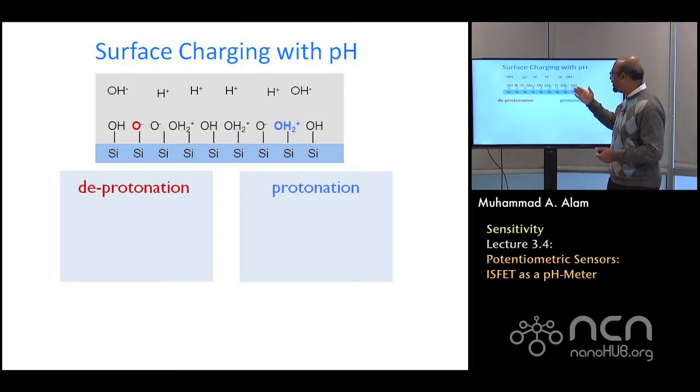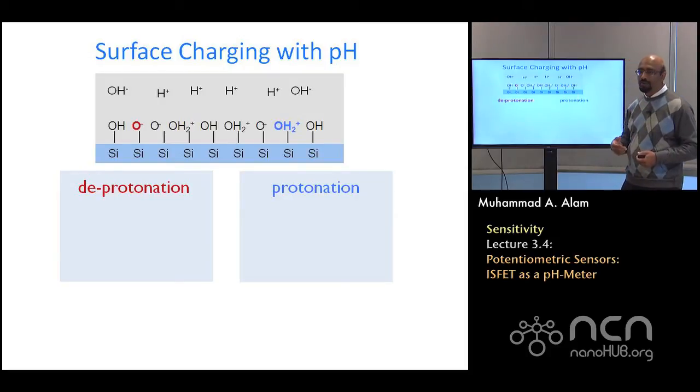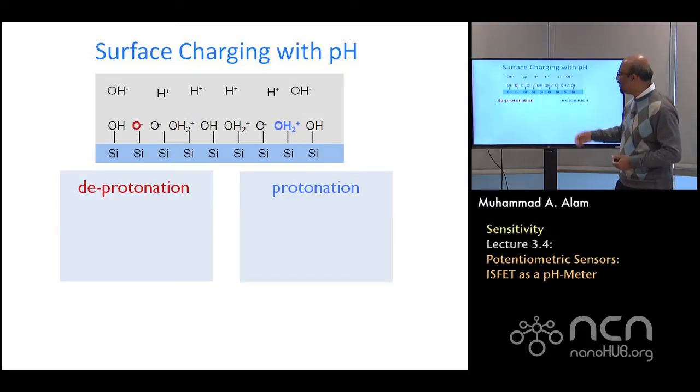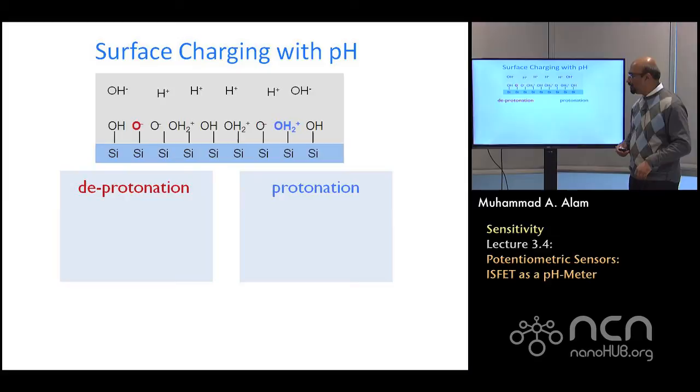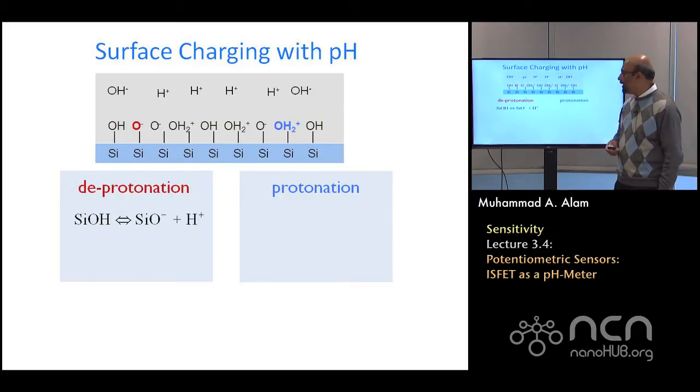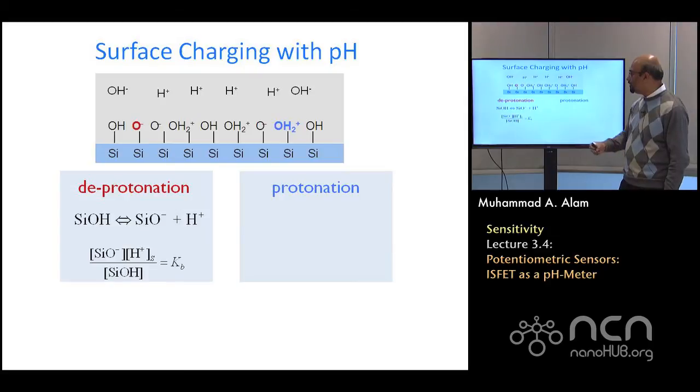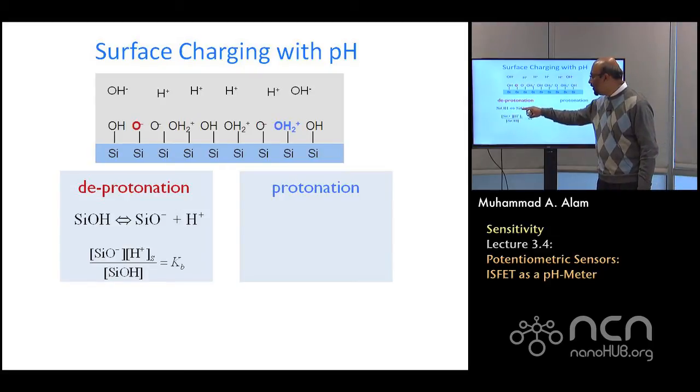Protonation means a hydrogen has come up, and you had one OH and it has become OH2+. So protonation becomes positive. With deprotonation, things become negative. Well, the reactions are simple: SiOH breaking into SiO- and H+. You know the rate equations, these balance equations are known.